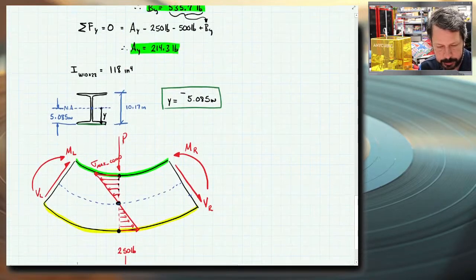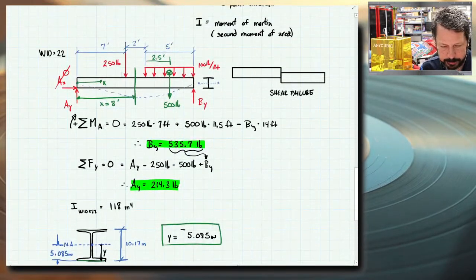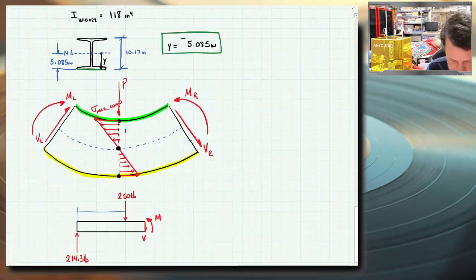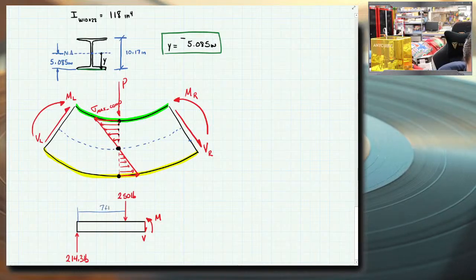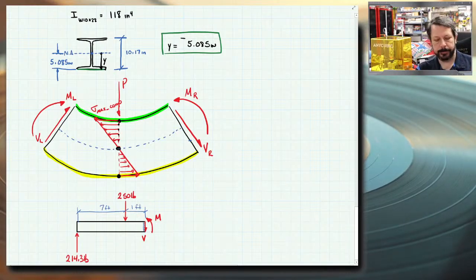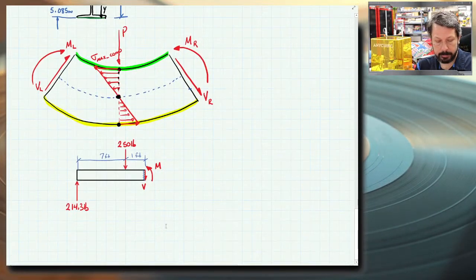I'm pretty sure that's what we ended up with, even though I kind of made it weird. And so that makes this 1 foot, because I specifically said that we're going to cut the beam 8 feet from the left end. So this is our cut surface over here for our free body diagram. Now I've got something that looks like any other frame free body diagram.